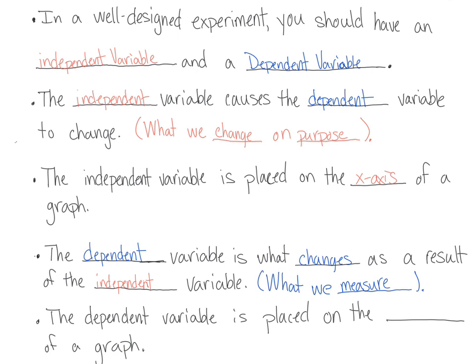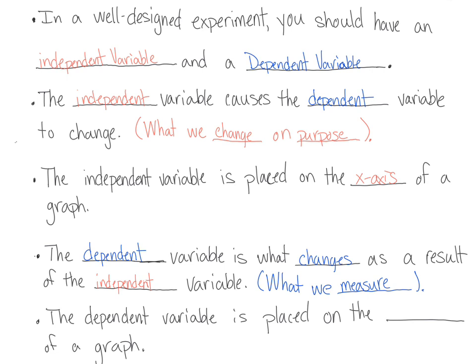Let's pause here for a second and think about the paper airplane experiment that you did during the green circle activities. You had to change something on purpose, right? Our independent variable that we changed on purpose was the type of airplane that you made. We changed how wide the wings were on our airplanes. You had one that was narrow and one that was wide.